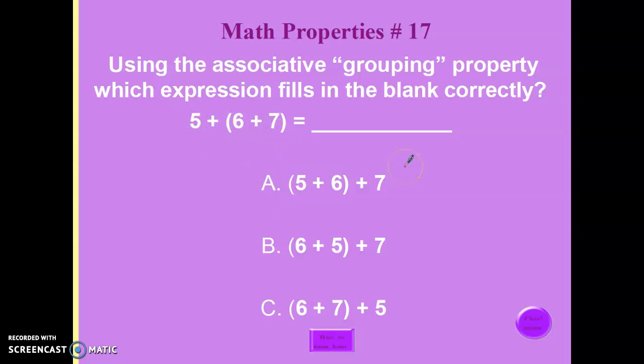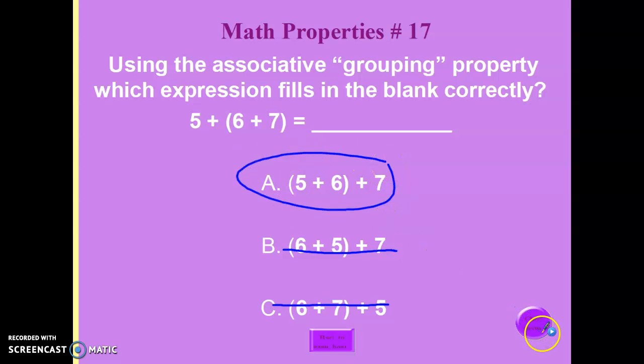If you look at B, it switches the order, so that's no good. Same thing with C. My order of numbers is out of whack. So my order is the same for A, and my groupings are different. Up here in my example, 6 plus 7 are grouped, and down below, 5 and 6 are grouped. So A is the correct answer.